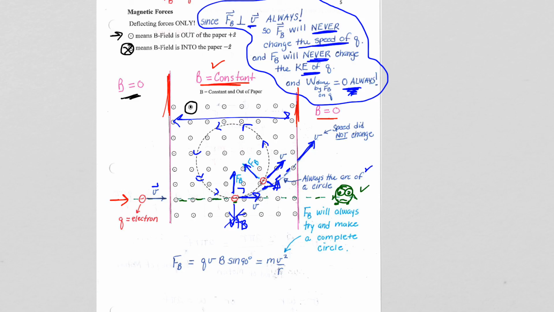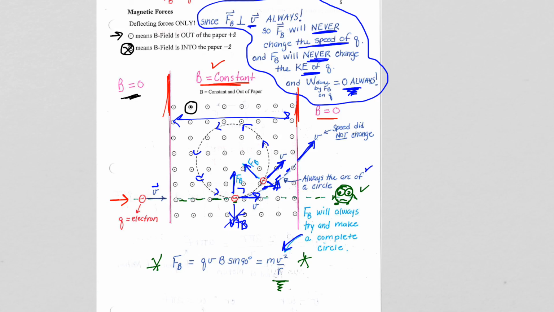So we will always be looking at the magnetic force as a circular motion force or a partial circular motion force where the particle is trying to spin in a circle. Either it is spinning in a circle or trying to spin in a circle based on what the magnetic field is doing.